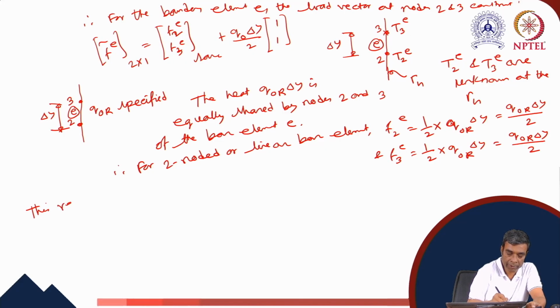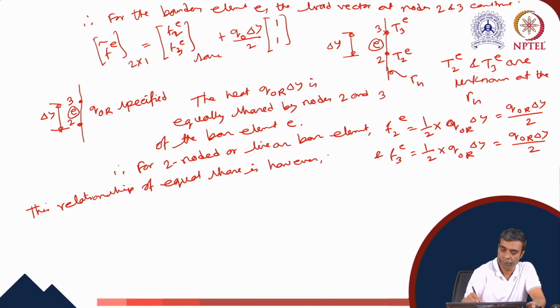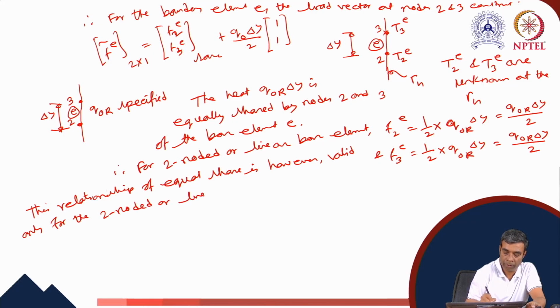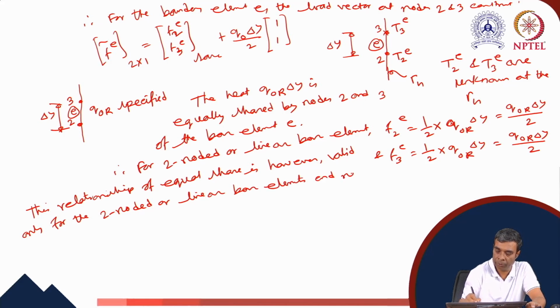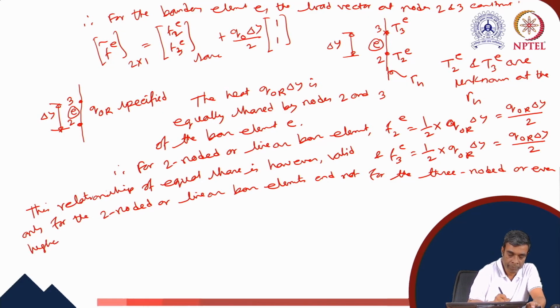This relationship of equal share is, however, valid only for the two-noded or linear bar elements and not for the three-noded or even higher order bar elements.